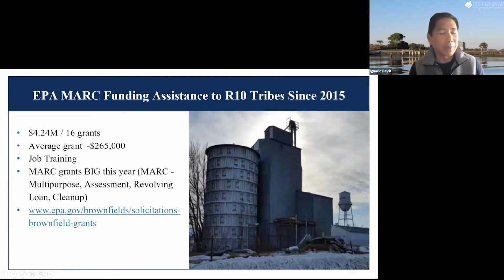Region 10 tribes have been severely underrepresented in these grants, and both C Clear and THC and Kansas State University are there to help figure out the appropriate assistance we can provide so that you can form these grants.